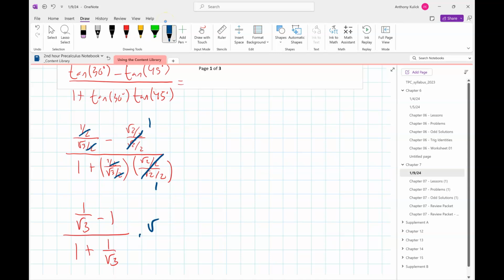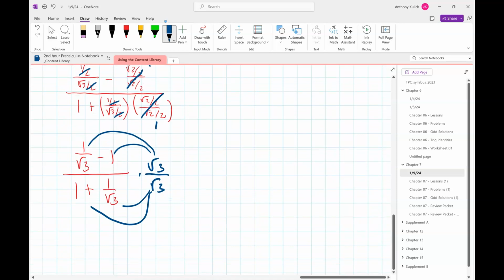I'm going to multiply the top and bottom by root 3 over root 3 to get rid of the fractions inside of fractions. Is that so far so good, Delaney?